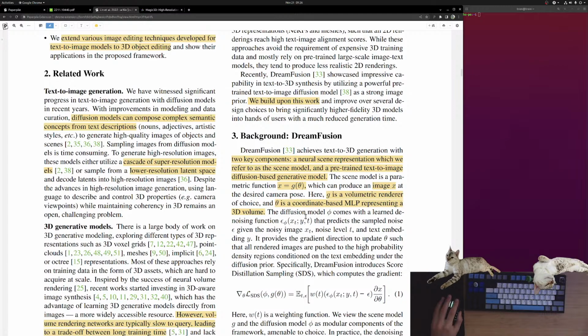And then that camera pose is fed through a MLP, which is parameterized by theta. And then that produces an embedding, right, or a vector of numbers. And then these numbers are used to render that image in 2D with a volumetric renderer, right? And that usually uses some kind of ray marching algorithm to render it.